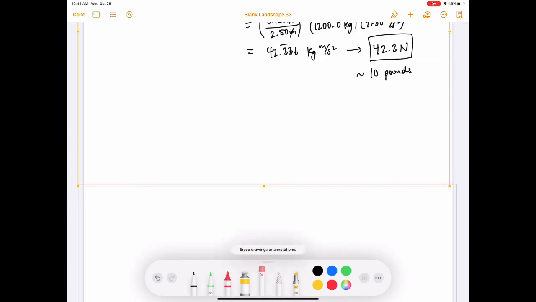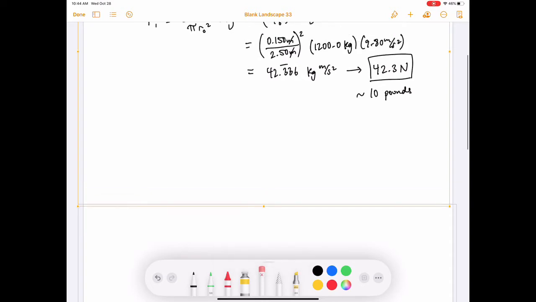So to answer the follow-up question, we'll use the fact that the volume that's leaving the input shaft is equal to the volume that's entering the output shaft. And that gives us Ai times Di for the input side equals Ao times Do for the output side.